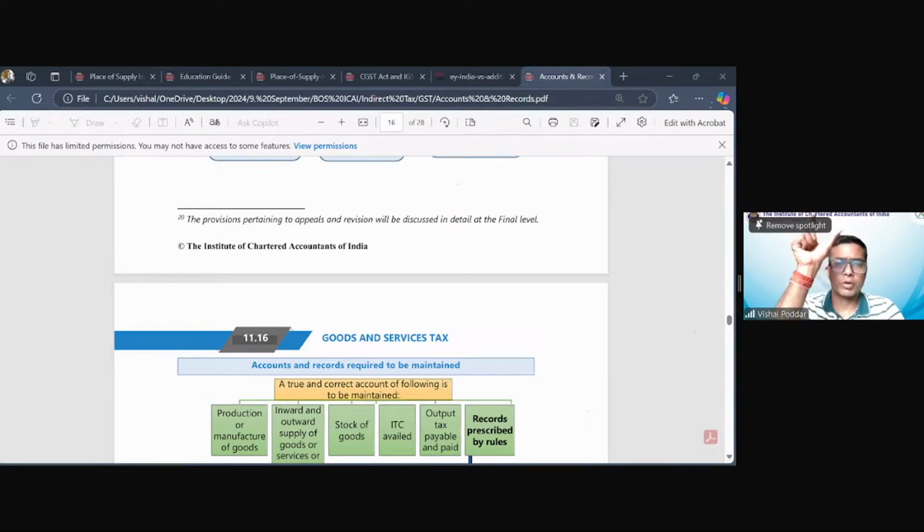So construction of immovable property, two parts: whether P&L or balance sheet. If P&L, allowed. If balance sheet, check whether it is plant and machinery or any other capital asset. If plant and machinery, credit is allowed. If any other capital asset, credit is blocked.